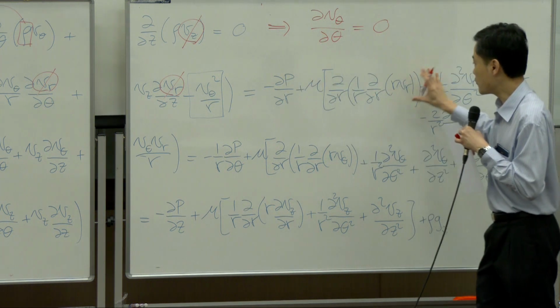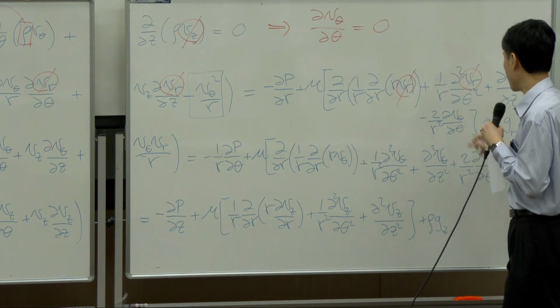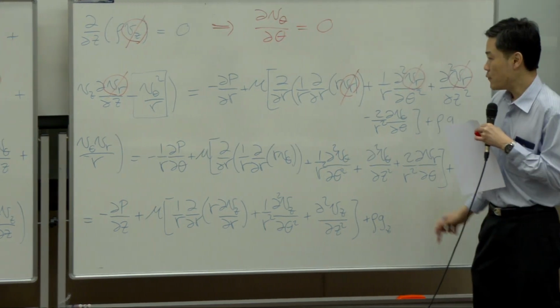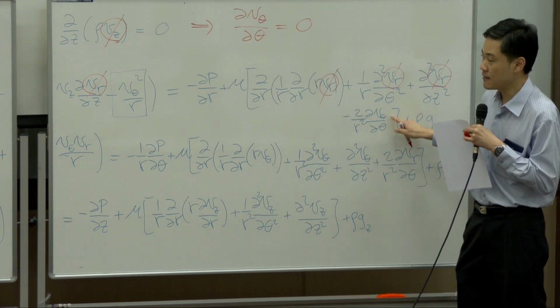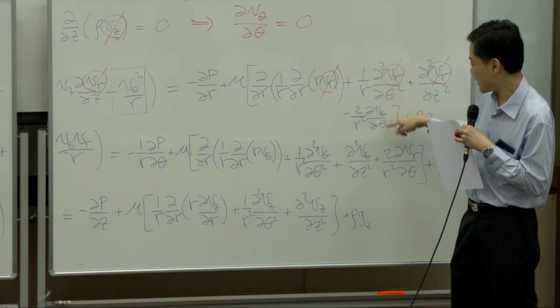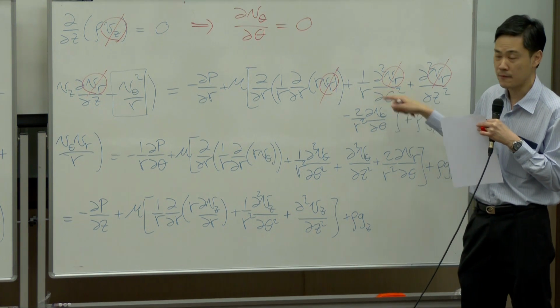Now, moving on to this term, VR is 0, 0 there, 0 there. V theta, this is V theta. In cylindrical coordinates, it might appear like this. You have V theta in our equation. That's normal. All right?